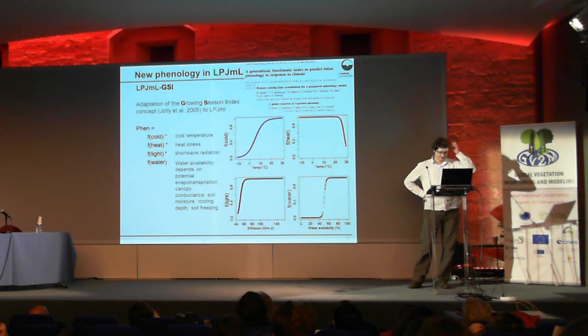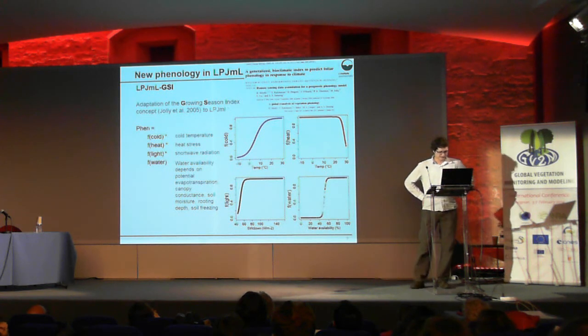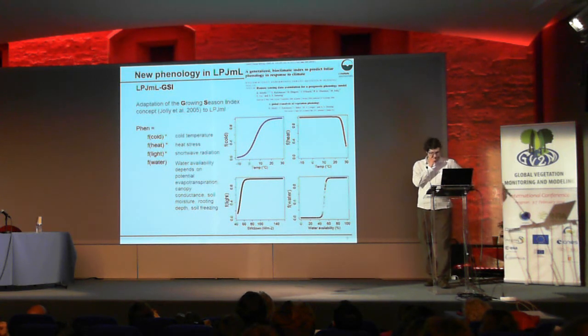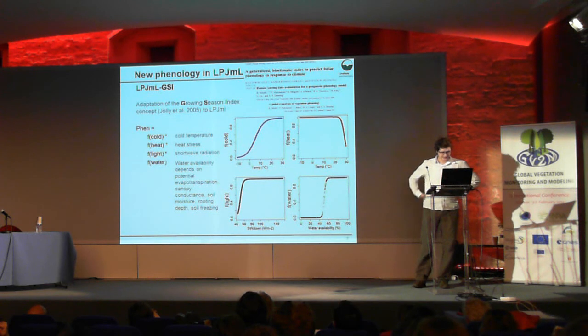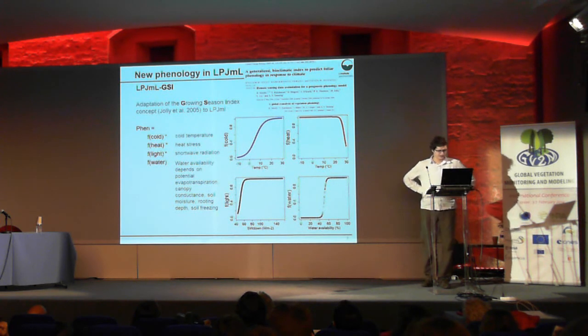So this is an adaptation of the growing season index concept from Jolly et al., and it was already used for model optimization by Forkel et al. before, but here it was modified. For example, logistic functions are now used instead of threshold functions.